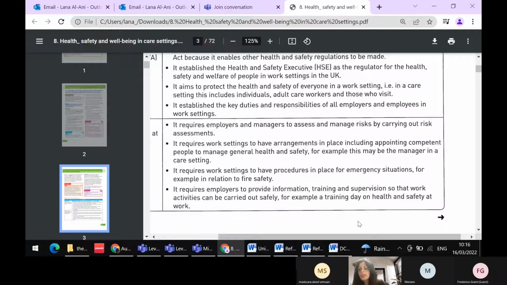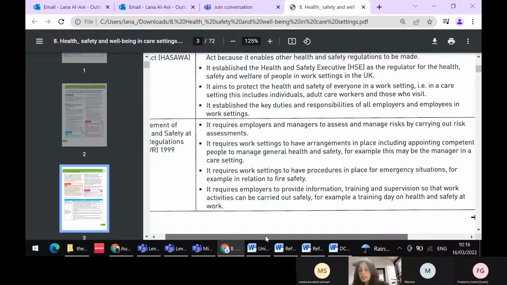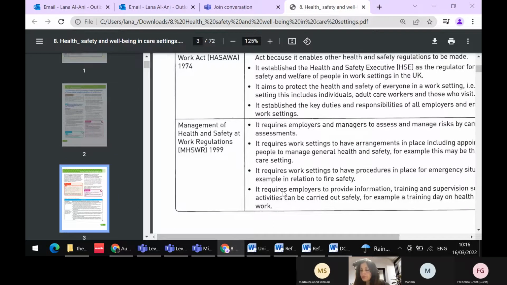It requires employers to provide information and training. They all have to have training about health and safety. So for you to work in a care setting, they will provide you with training for health and safety, for manual handling, for so many things, for first aid. Why? Because of these regulations.